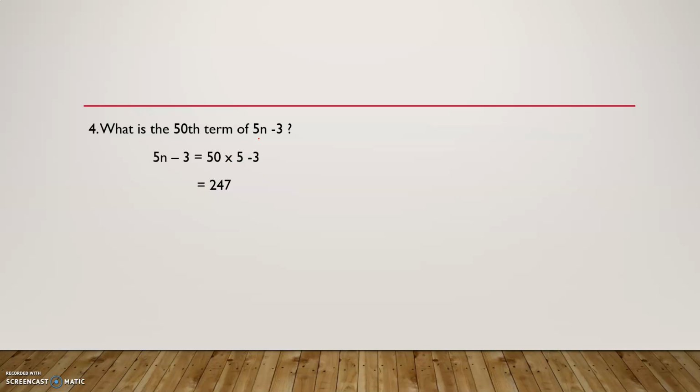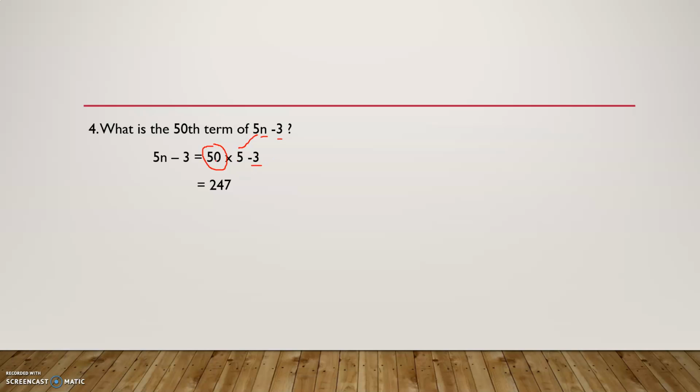So we go 5n, so n is the position number. So we are trying to work out the 50th term, so we put the 50 here, and then this 5 from this formula rule, and then minus 3, which is this one.